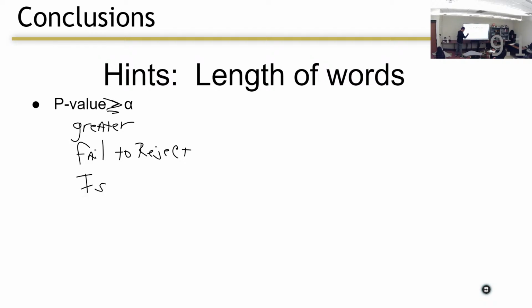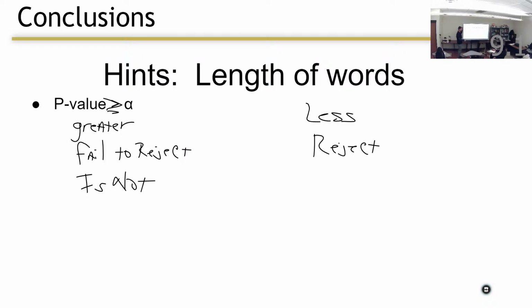There is not enough evidence. That's a bigger word, that's a bigger word, that's a bigger word. It's bigger than if I put less, because less is smaller than greater. And if less is smaller than greater, I have to reject, because reject is smaller than fail to reject.